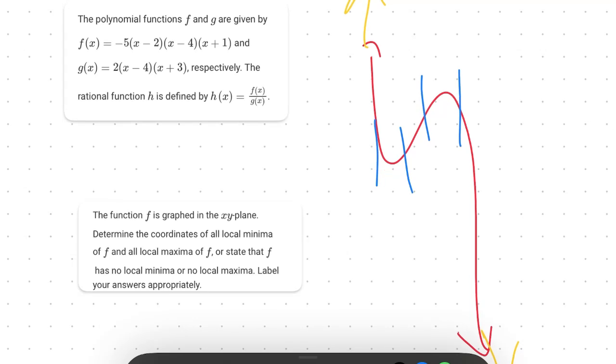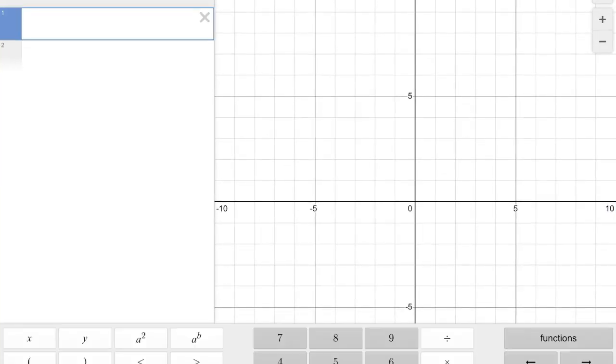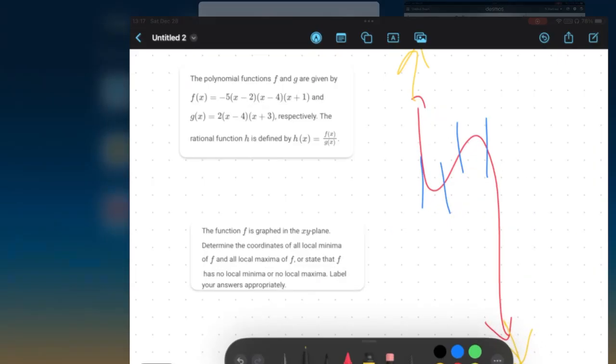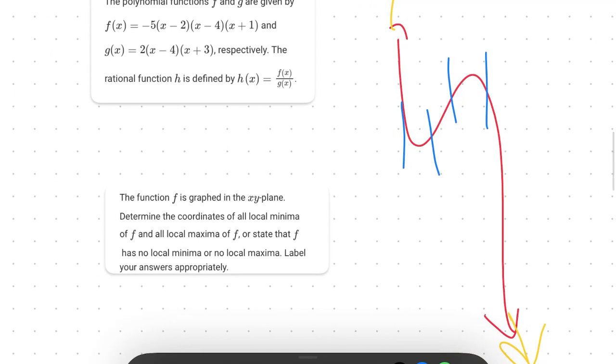So, since this is the calculator portion, we could use a graphing calculator. And what I also found out is on your AP exam, you'll be using the Desmos calculator. So that's what I'll be using now. It's actually a lot easier to use than you might think. And again, I should also restate that this question is asking us for the function f, not h of x.